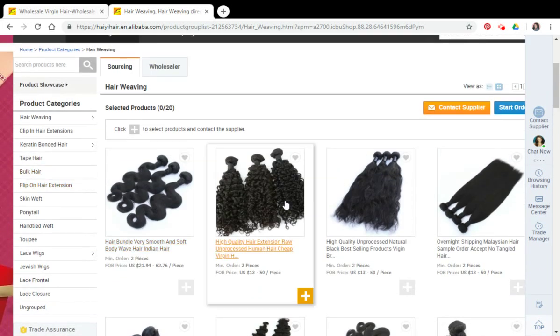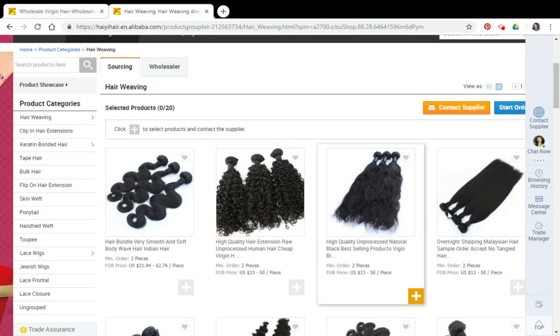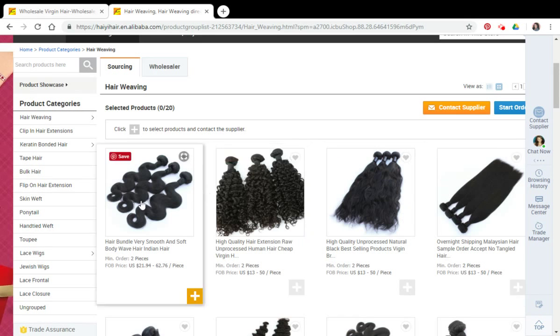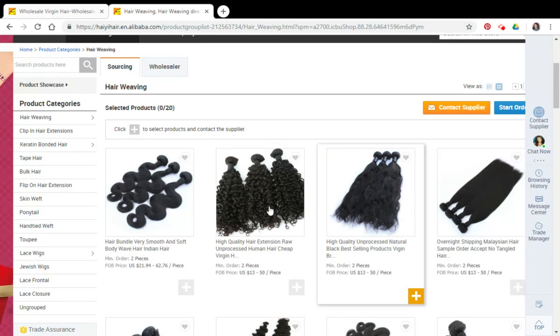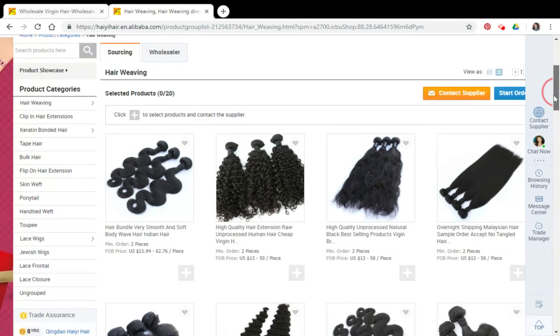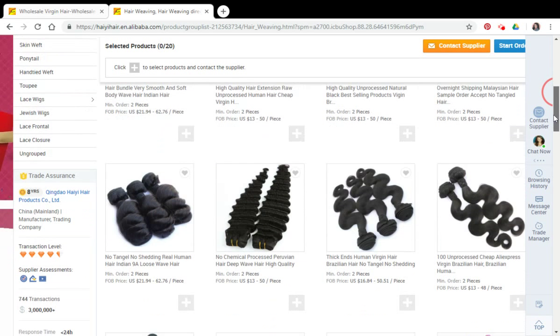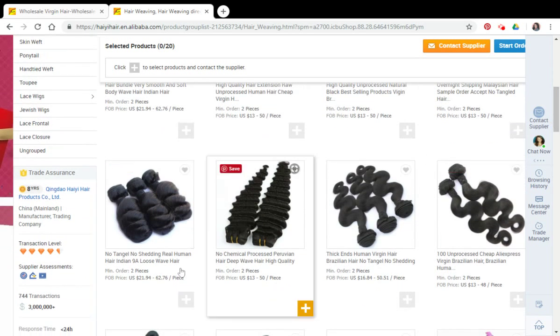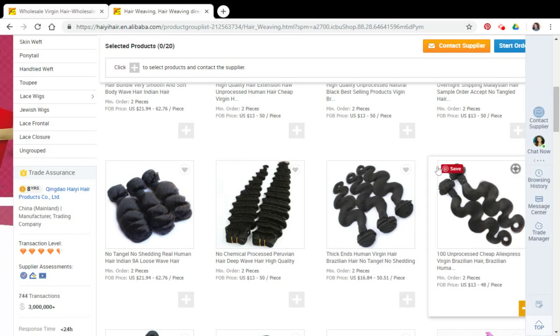Now all of these photos look to be consistently the same. They're all bundled in the same manner. They have the black ties. Some companies do steal photos from other companies, but for the most part, except this one is wrapped differently, that's not a huge red flag. But all of these bundles are wrapped in a similar fashion.